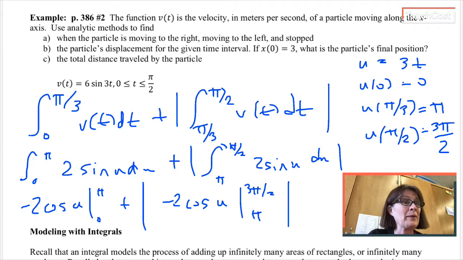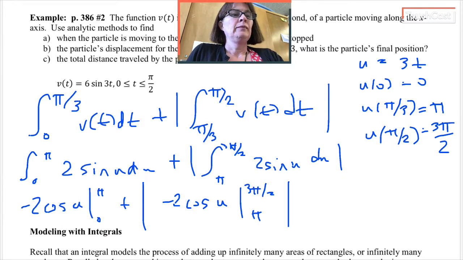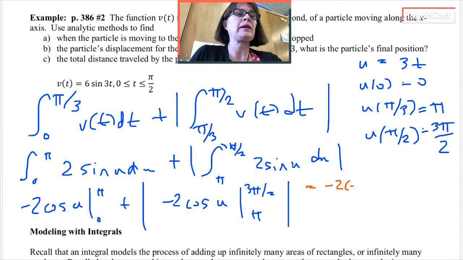I am in the way, so I'm going to move my little picture. All right, I'm going to change colors just to differentiate my work. So this is going to equal negative 2 cosine of pi, which is negative 2 times negative 1, minus negative 2 times the cosine of 0, which is 1.